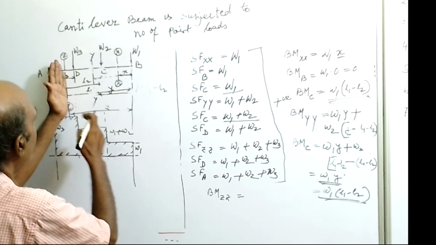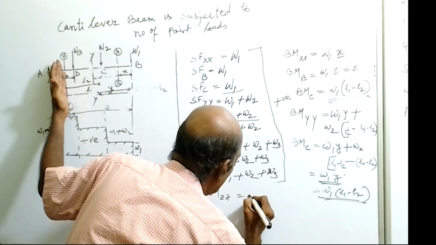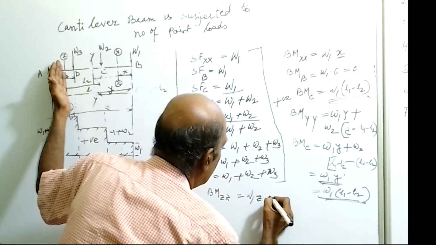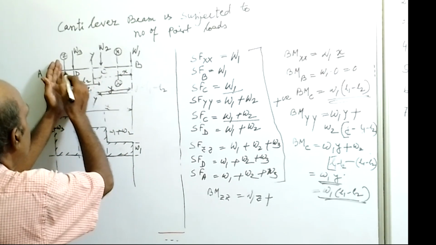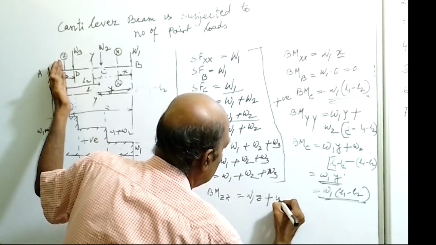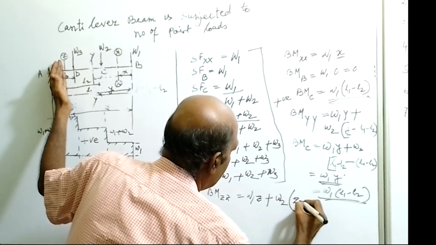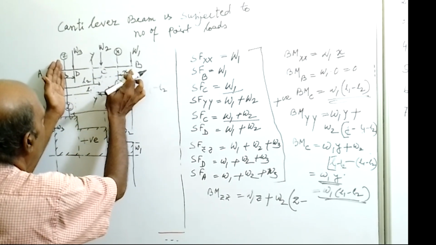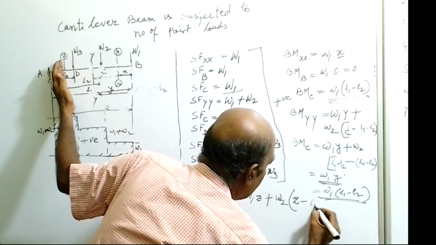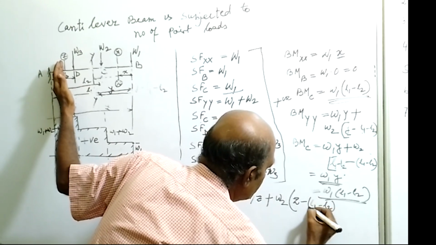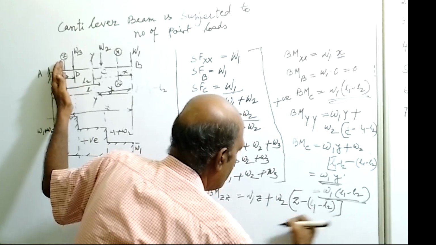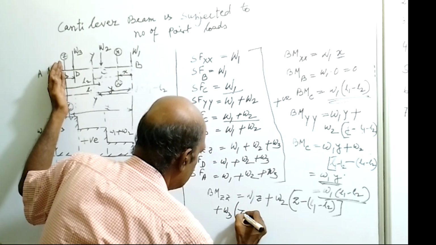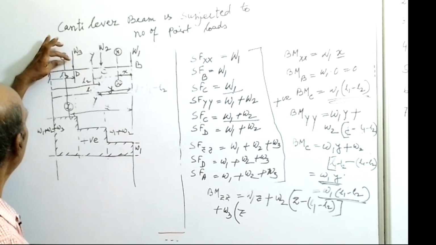W1 will give the moment W1 into z, plus for W2, W2 into z minus this value, which is L1 minus L2, put in a bracket, plus W3 into z minus, let us see, W3. So we have to give this distance.